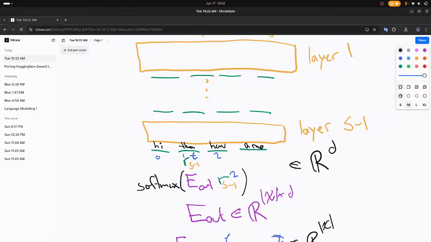Softmax here, I just mean the vector. This is a whole vector. It lives in R^V, so it's a probability distribution, and I call this q_2.